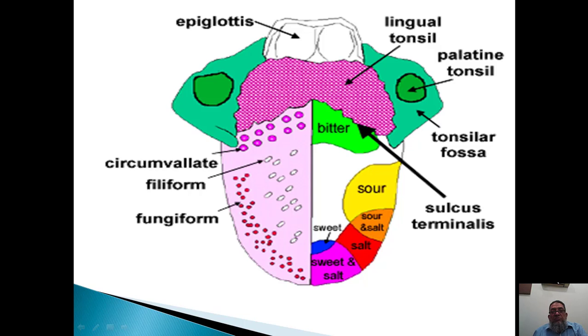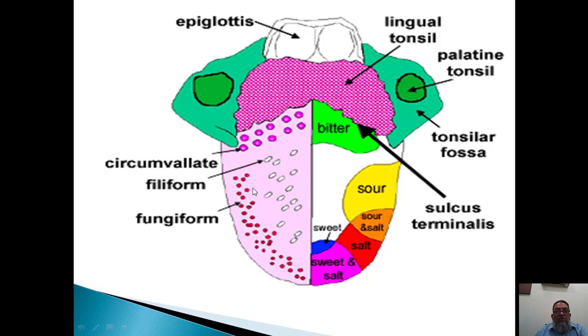Now this is the diagrammatic presentation of the tongue, its very important function of taste, and the location of the various types of papillae. Look at the picture. This is the sulcus terminalis, a shallow groove, with the anterior 2/3 and posterior 1/3. All the papillae are located in the anterior 2/3; the posterior 1/3 is lingual tonsil.